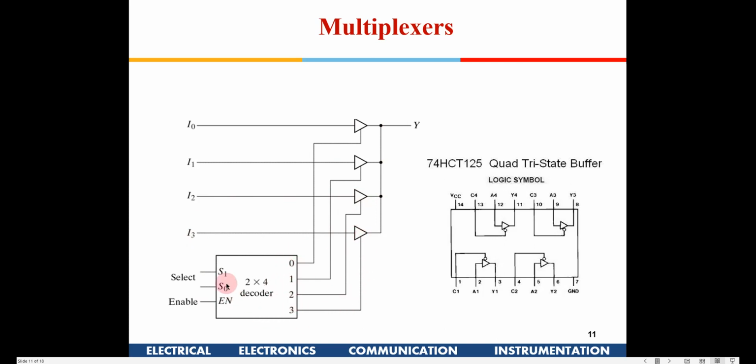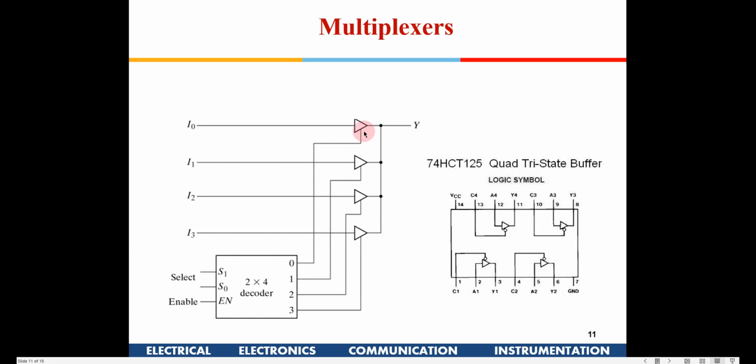So what the decoder does is, between two input lines S0 and S1, one of the lines will go high. If one of the lines goes high, one of the buffers will get enabled, and that particular corresponding input will be available at the output.